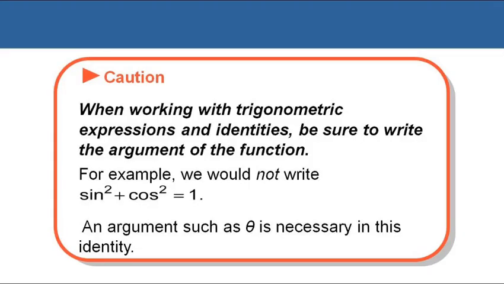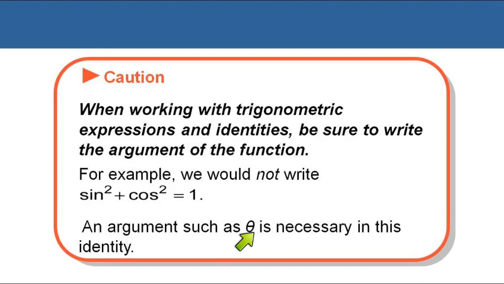Now, just a little word of caution. I see a lot of people being really careless with their writing. When you write an identity, you cannot leave off the angle. We tend to do that when we're talking, but you really don't need to do it when you're writing. It doesn't mean anything to write sine squared plus cosine squared equals 1. You need an argument. You need an angle there.